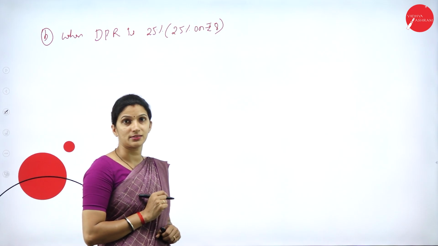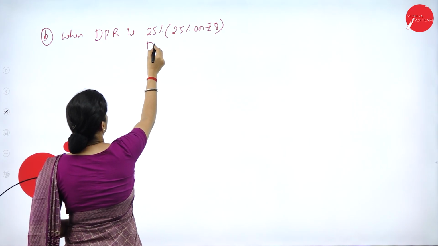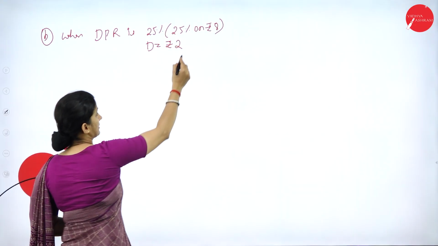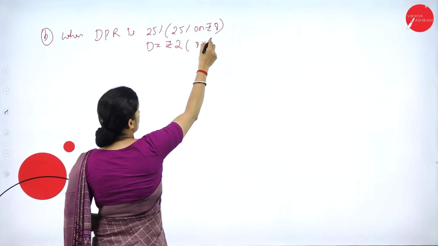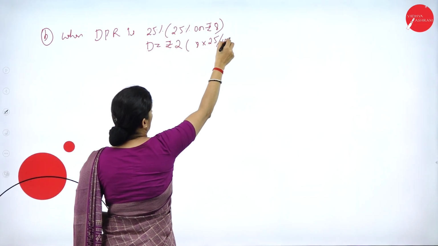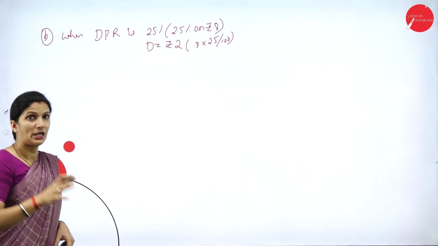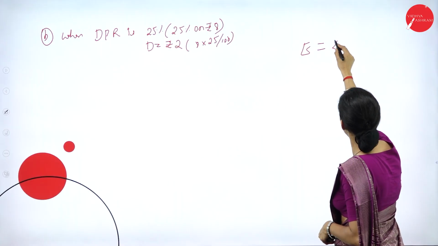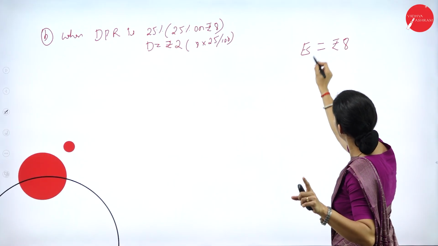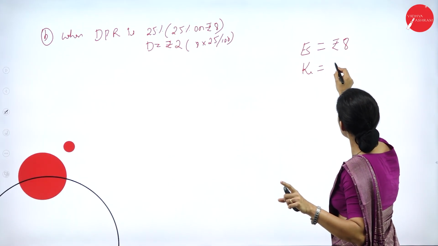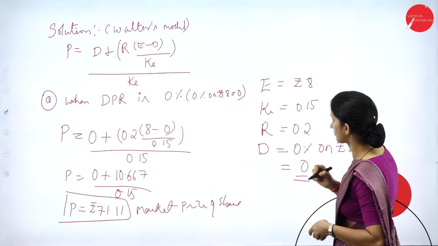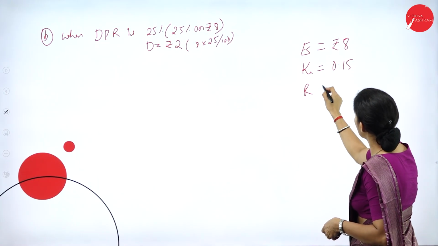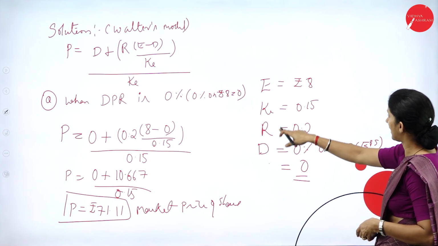Your dividend is rupees 2. That is 8 into 25 by 100, so your D is 2. Rest of all the information is the same. That is E, which is rupees 8, the same. Then KE is 0.15, the same. R is 0.2, the same.